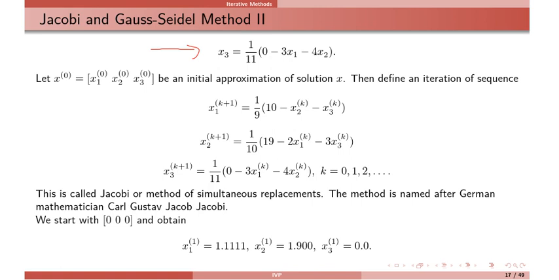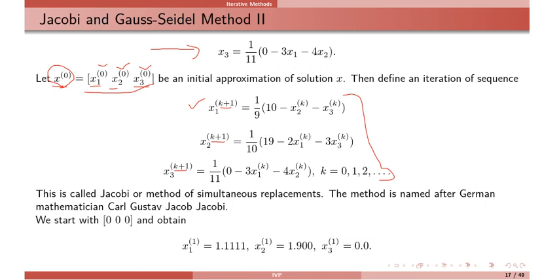So since these are iterative methods, just start with initial guess, and this initial guess is denoted by x0, with three components x1, x2, x3 at 0 stage, that is initial values of three variables. And then we define iterative method: just put a label k plus 1 on left hand side on each, as we did in all iterative techniques.